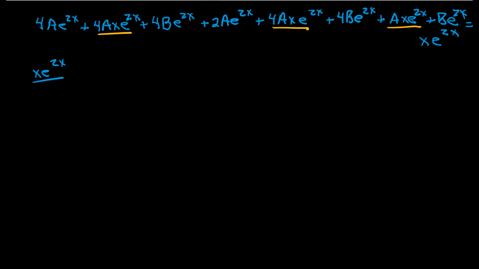So it gives us 4 plus 1, which gives us 9ax e to the 2x, which is going to be equal to x e to the 2x. We can cancel out the x e to the 2x from each side, which is going to then give us 9a equals, be careful, it's not 0, it's 1, which is going to give us a is equal to 1/9.